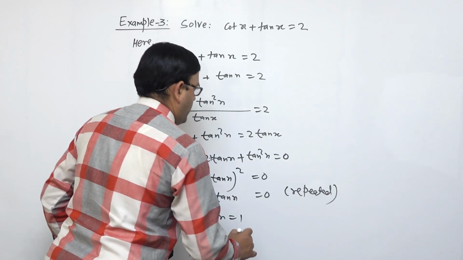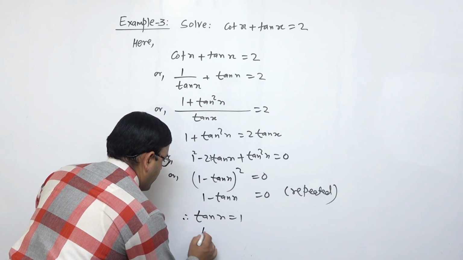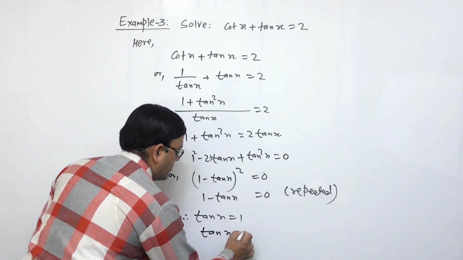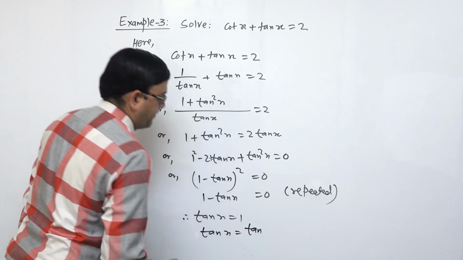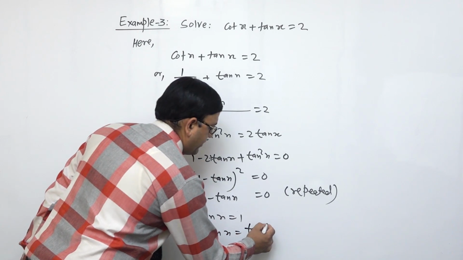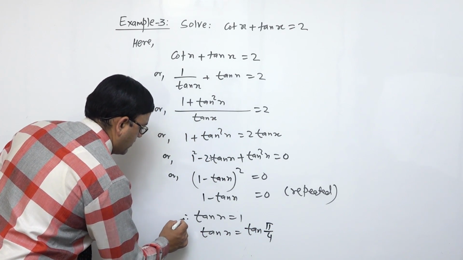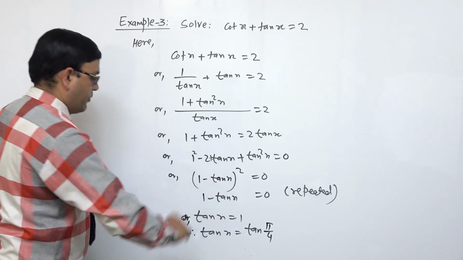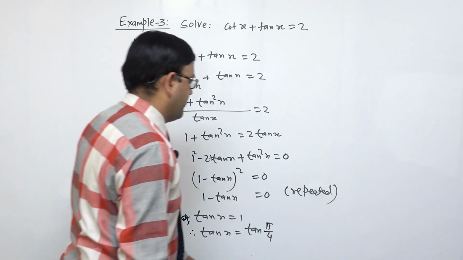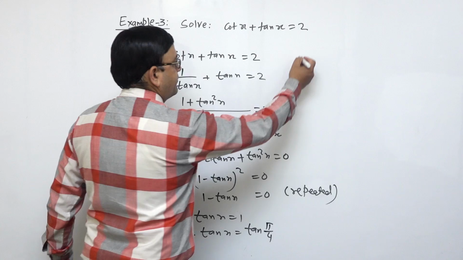Now tan x is equal to tan 45 degrees, and 45 degrees is pi by 4. So we can write tan x is equal to tan pi by 4.